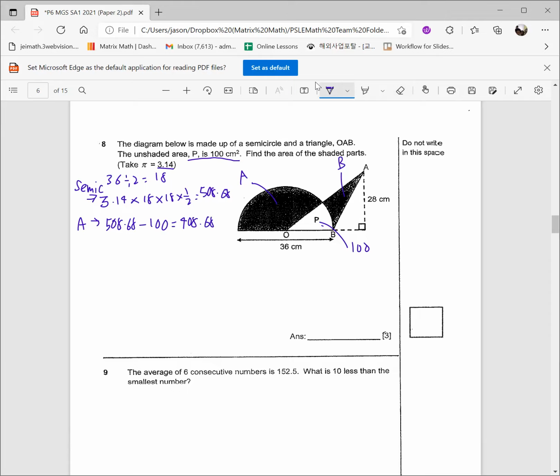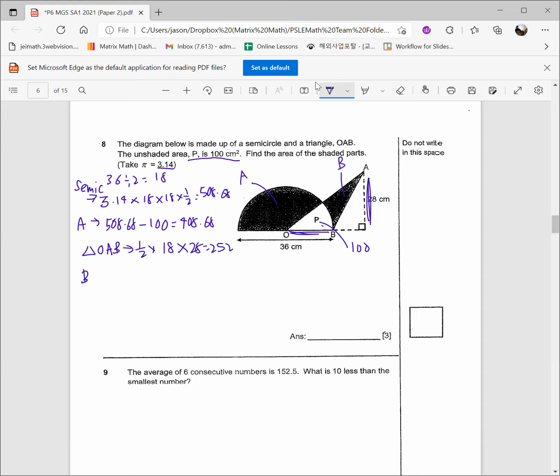Now let's find B. To find B, you find the area of this triangle OAB minus P, right? Triangle OAB, the base will be OB. This is the base. The height is 28. So triangle OAB is half times the base, which is 18, times the height, which is 28. You get 252.